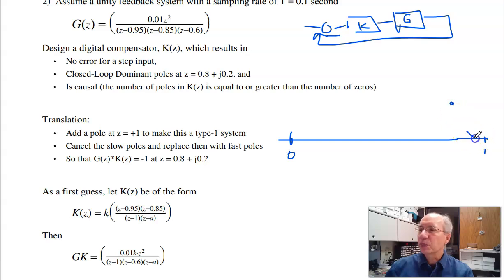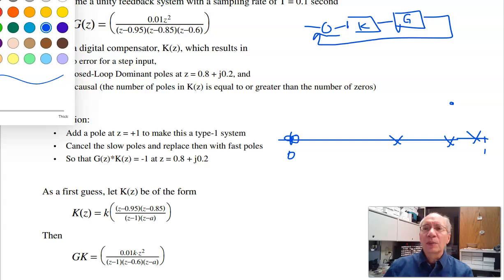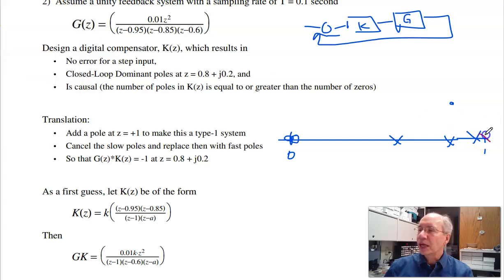Now I start out with a pole at 0.95, 0.85, 0.6, and 2 zeros at the origin. To meet my specs, I need to add a pole at plus 1. That makes it a type 1 system, so there's no error per step input. I need to get rid of these poles. If I have 2 zeros, I have 2 poles.